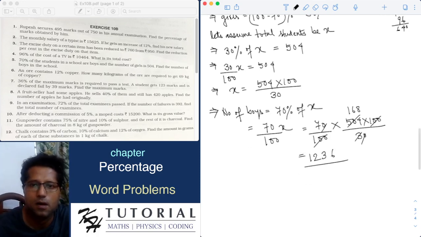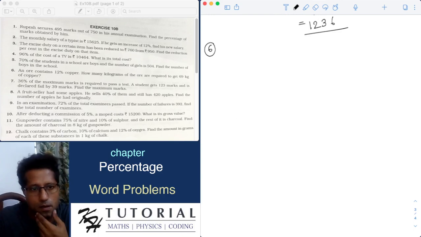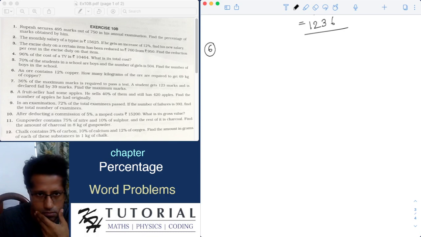Okay. Let's do question number 6. An ore contains 12% copper. How many kilograms of the ore are required to get 69 kg of copper?